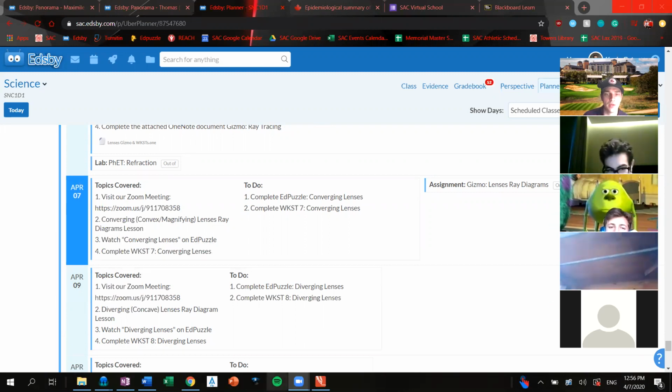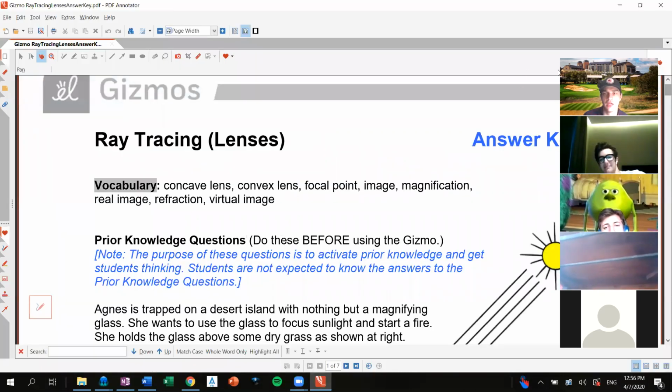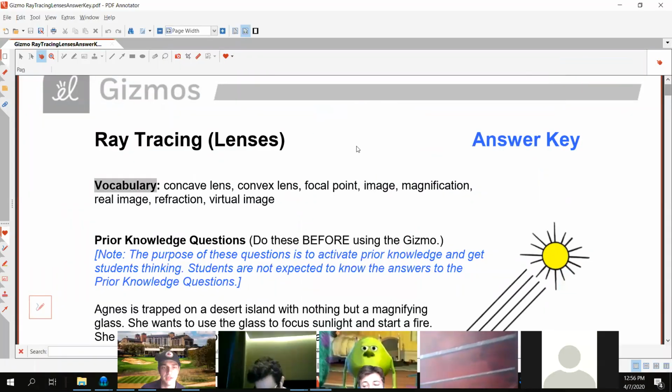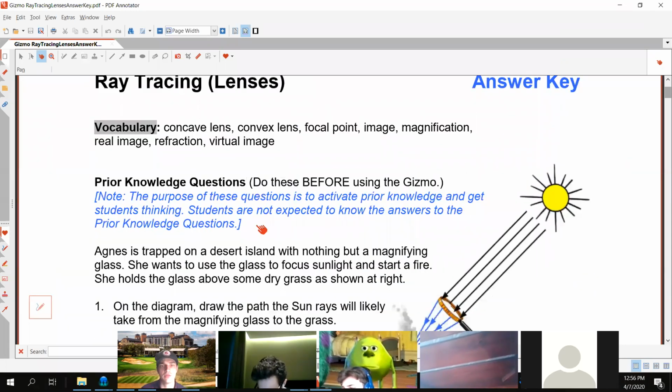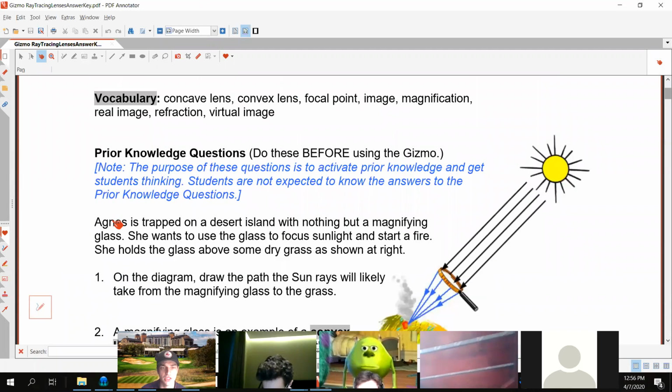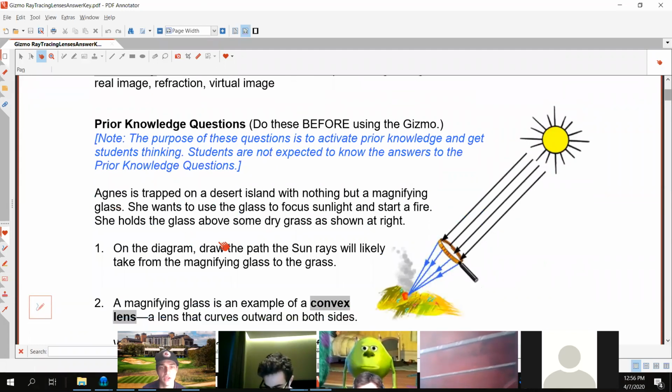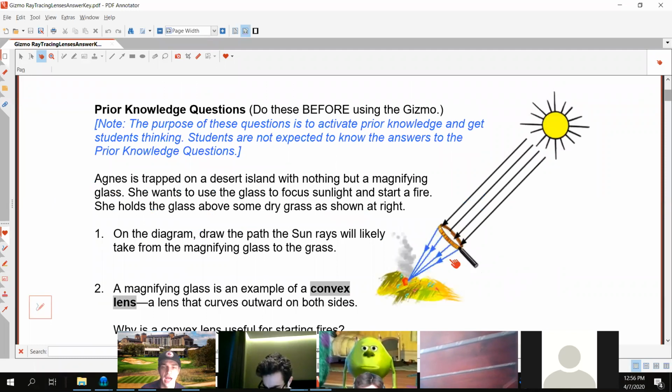So before we begin with that, let's take a look at the ray diagrams lab simulation that we did online last class. So the Gizmo starts with some prior knowledge questions, just trying to activate or get your minds on the activity. Question number 1 asks you to draw the rays as they would converge in order to start a fire in the dry grass here.